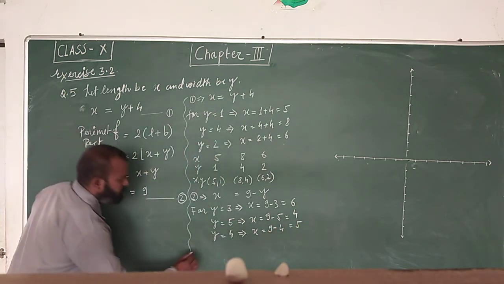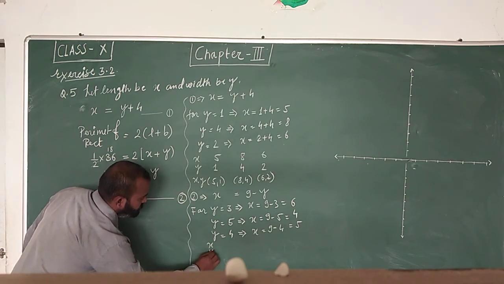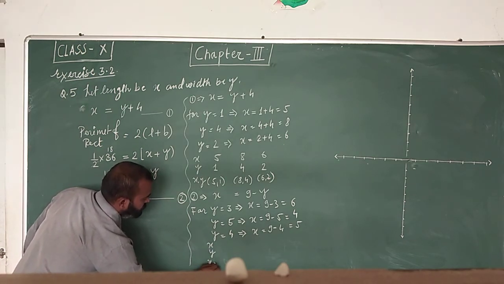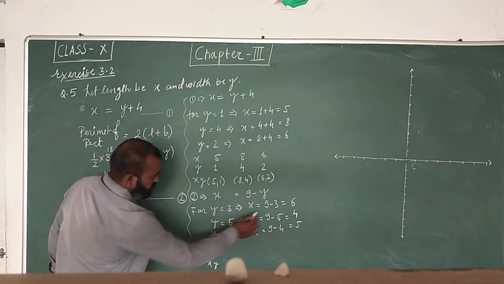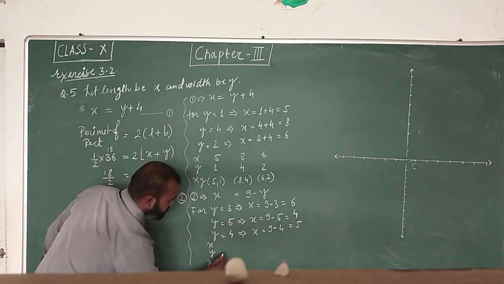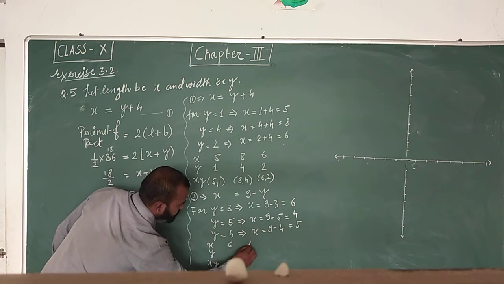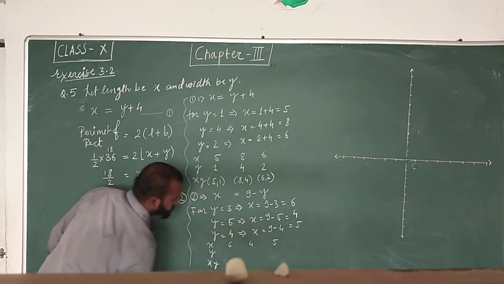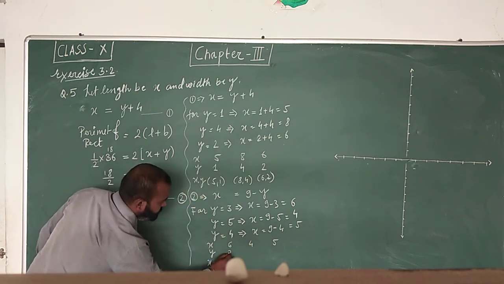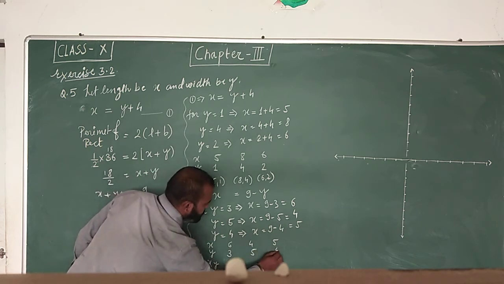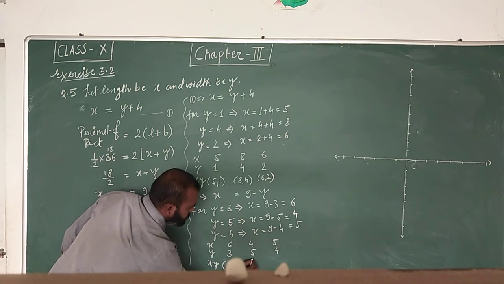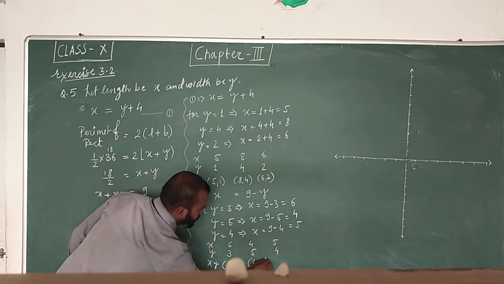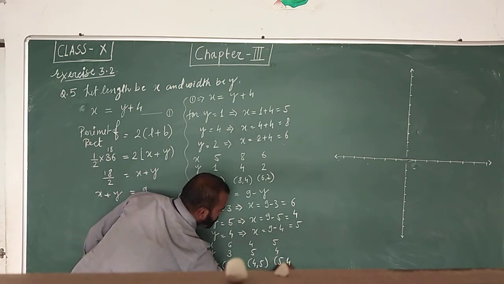So our table will be x, y, x comma y. So these are the x, 6, 4, 5, y, 3, 5, 4.